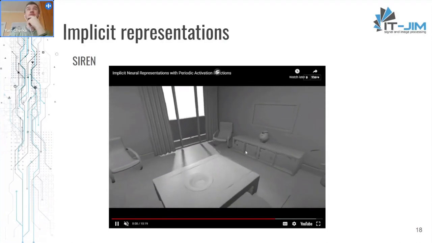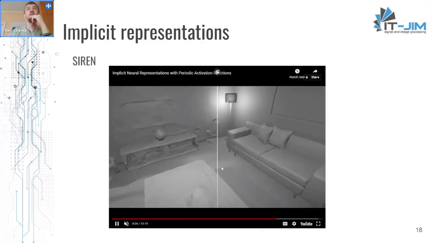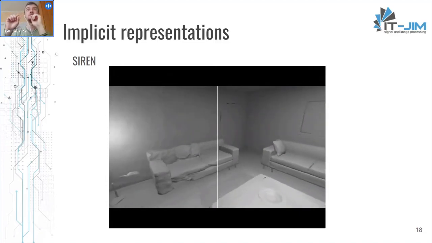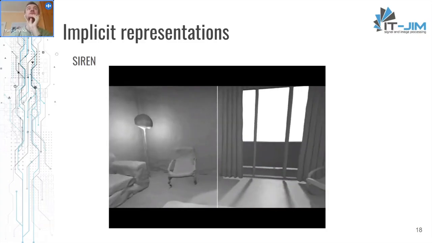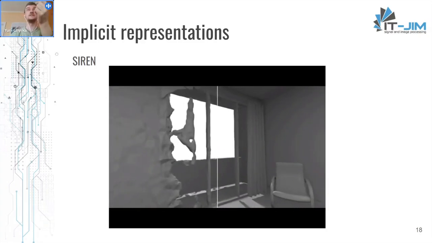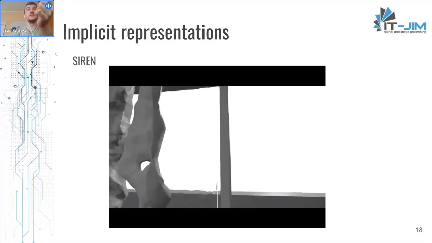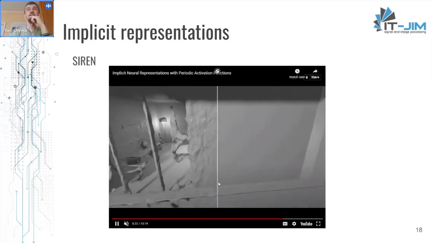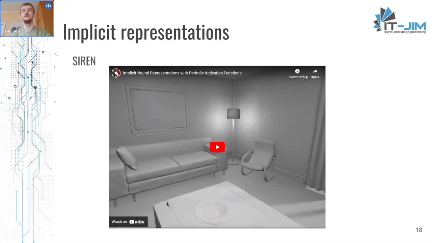So all visible pixels here are rendered only by feeding x, y, z coordinates to this system, and it simply outputs whether this pixel or voxel is filled with the object or not. And in this way, it describes the entire scene.